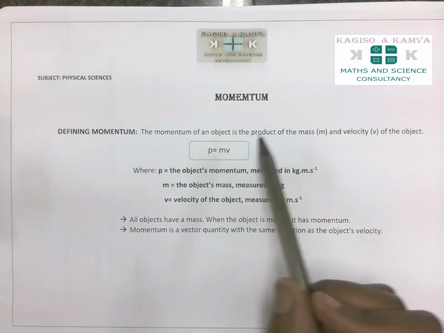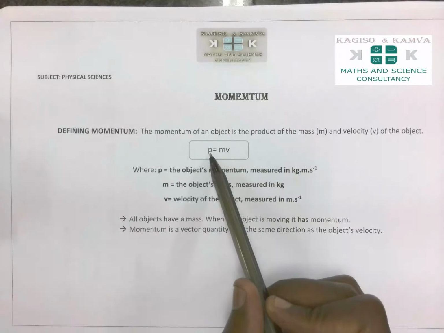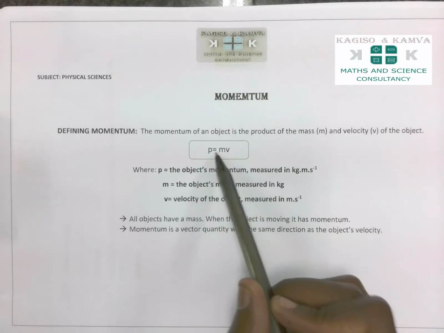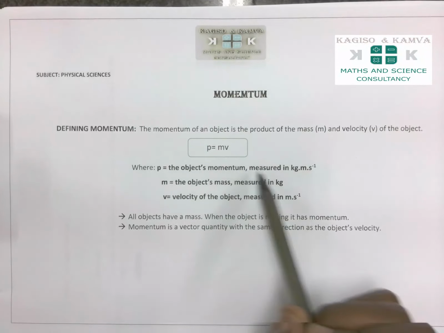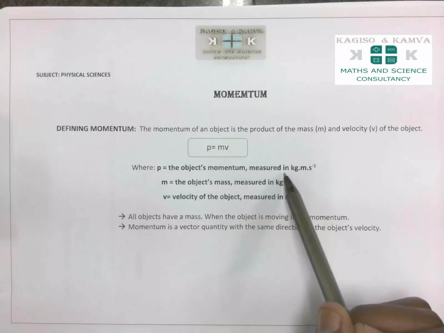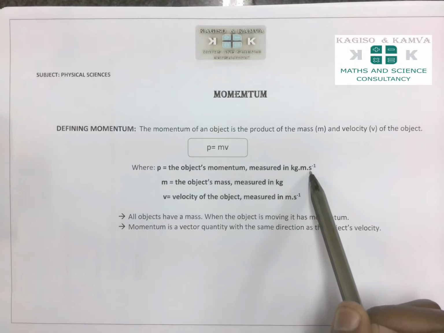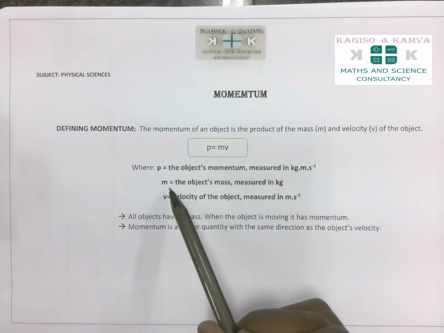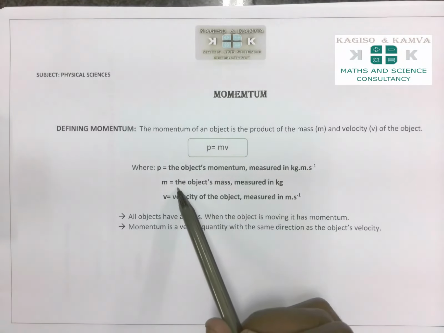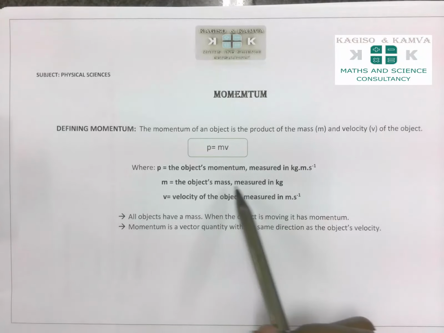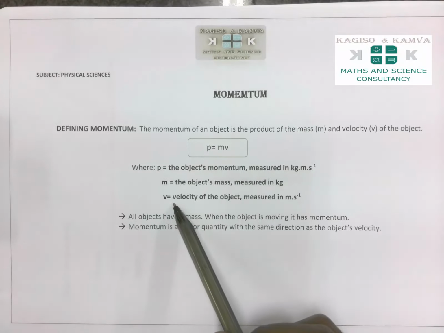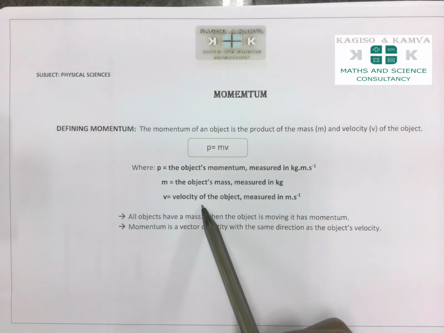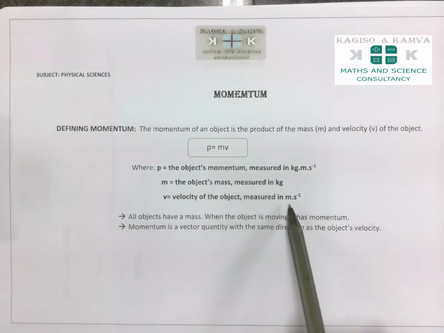So in symbols, P, which denotes momentum, is equal to mv, where P is the object's momentum measured in kilograms meters per second, m is the object's mass measured in kilograms, and v is the velocity of the object measured in meters per second.